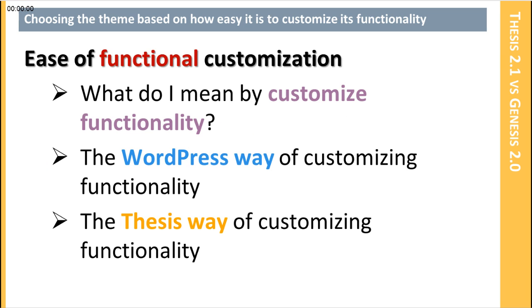By that, I mean changing layouts, creating custom templates, having custom headers that exist on different pages, having custom footers that can exist in different places, having a good handling of custom post types and custom taxonomies, and then having a wide variety of ways of handling images and displaying images on pages. That's the kind of thing I'm referring to when I speak of customizing the functionality.